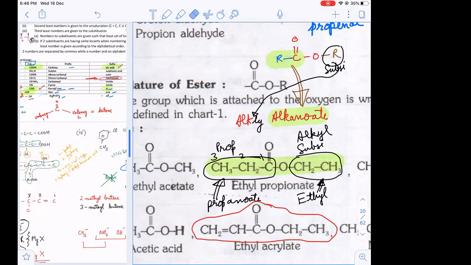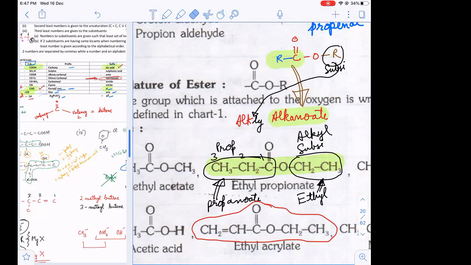So what is the functional group here? Sir, is it oxo? No, it is not.